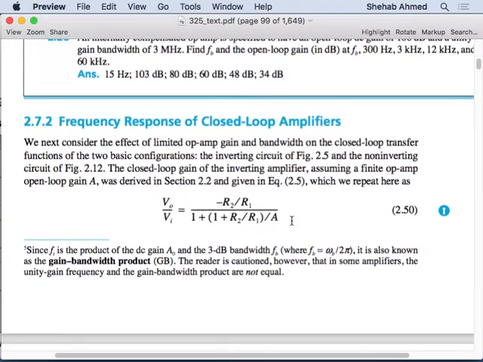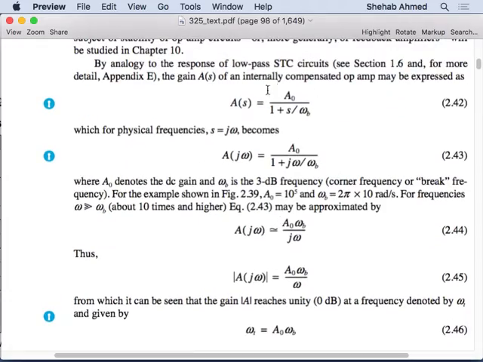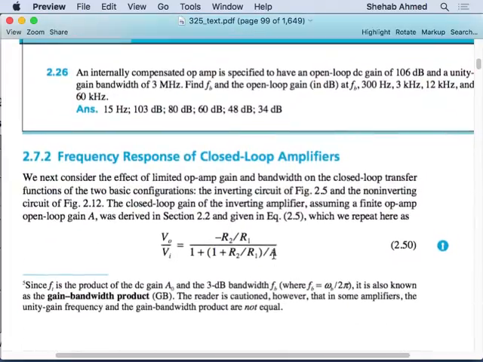And now we look at the inverting amplifier's gain with a fixed value for A. So we will now remove this A and plug in the low-pass filter characteristic that we derived here, instead of this A that we had derived earlier for the inverting amplifier or the non-inverting amplifier.